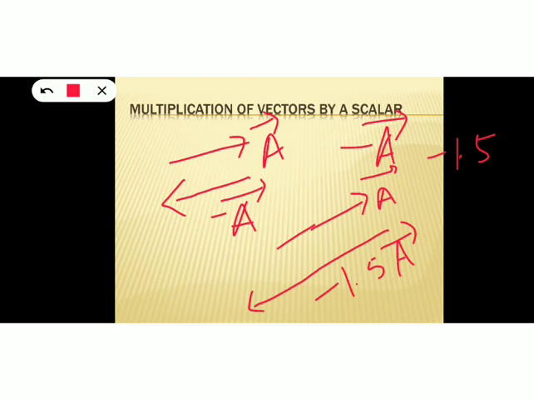The length of the vector is 1.5 times that of A, and also since a negative sign is present here, the direction is opposite to that of vector A. Okay, so whenever a vector is multiplied with a scalar number, its magnitude is increased by that number with which it is multiplied.